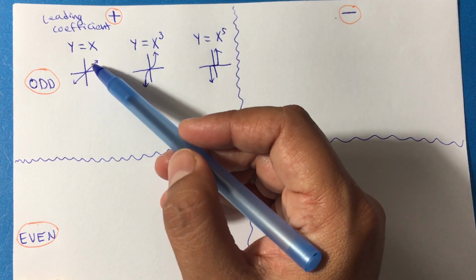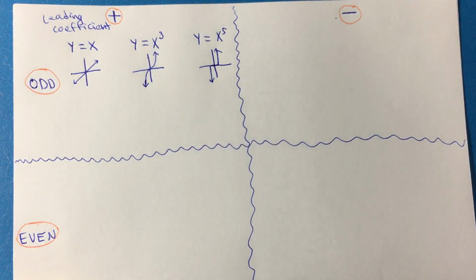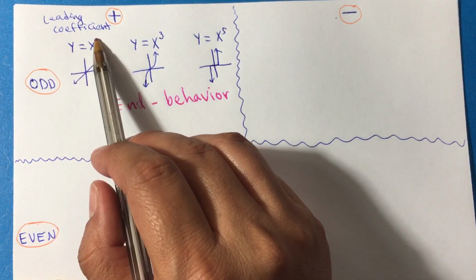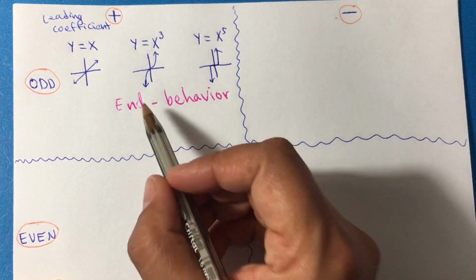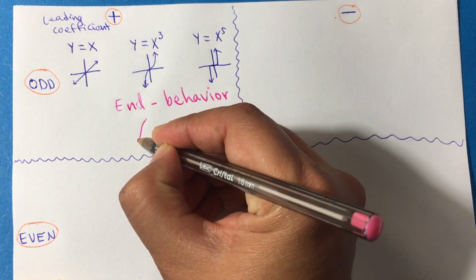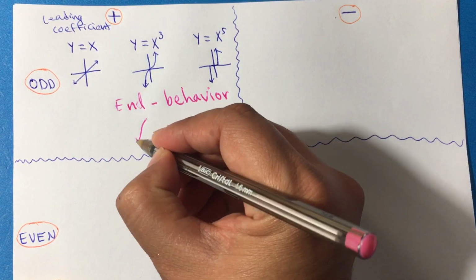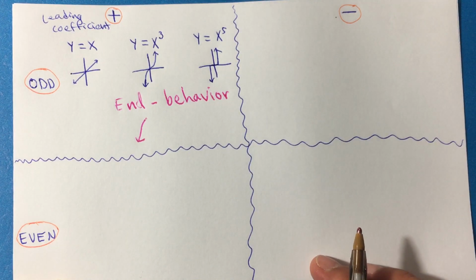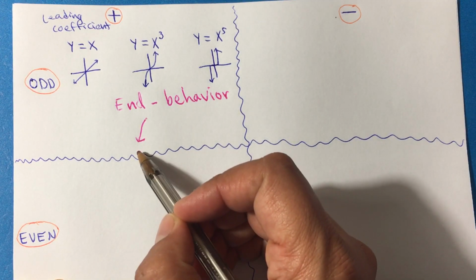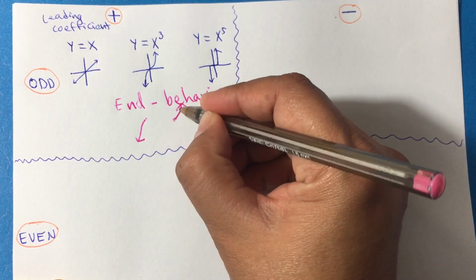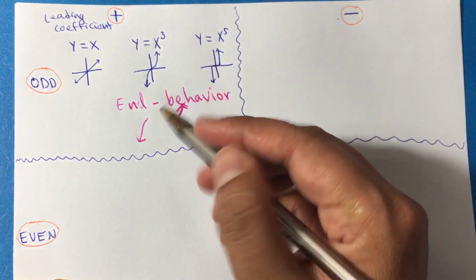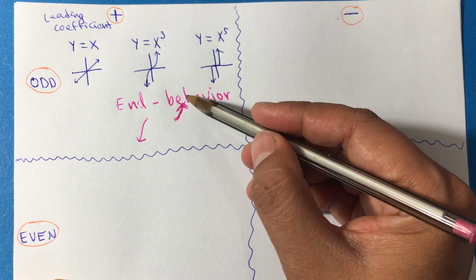So the end behavior, when it's odd and positive leading coefficient, you will always have on the left, it will go down infinitely to the negative infinite for f of x, and on the right, it will go up. So down on the left, up on the right.